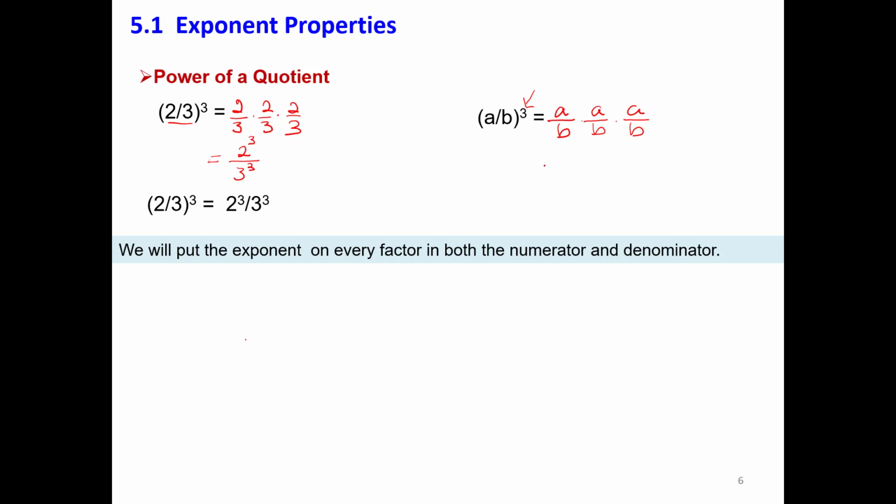Because this is the exponent, we have here a to the third, divided by b to the third. Again, if we have this kind of problem, we just put the exponent on every factor, in both the numerator and the denominator.